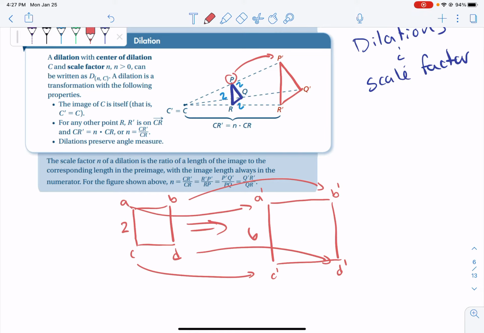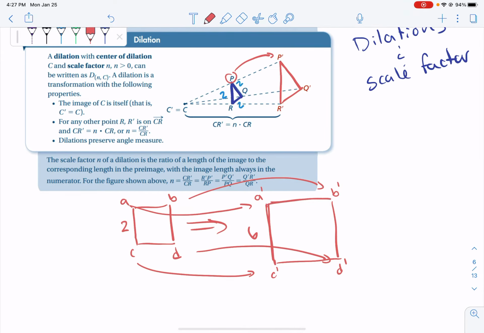All right, now the reason I caught myself, this square right here is not 3 times as big as this square, okay? The scale factor is 3. My scale factor is 3. So I multiplied everything by 3 to get the bigger one, but it's not 3 times as big. In fact, this square has an area of 4.